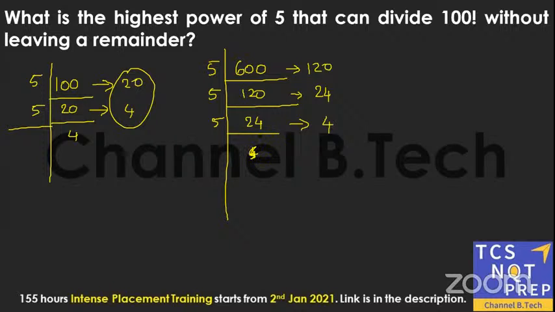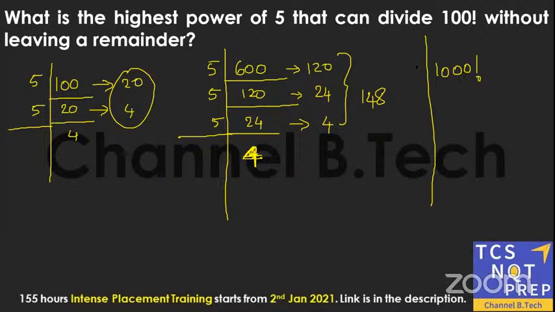After this, you will have remainder 4 that cannot be divided by 5. You will get a value that is less than 5. Whenever you get a value which is less than 5, stop at that point, add these values. You get 148.